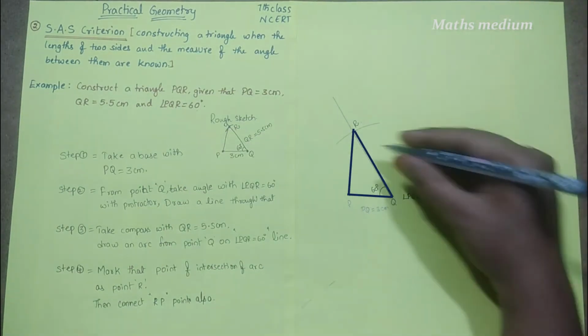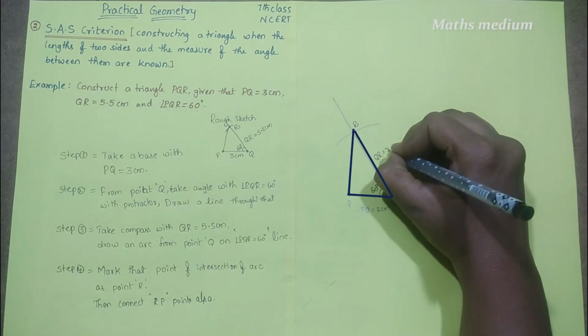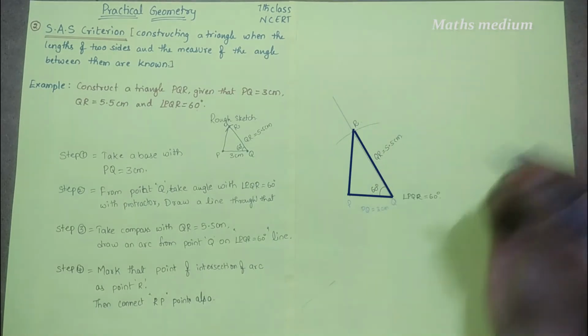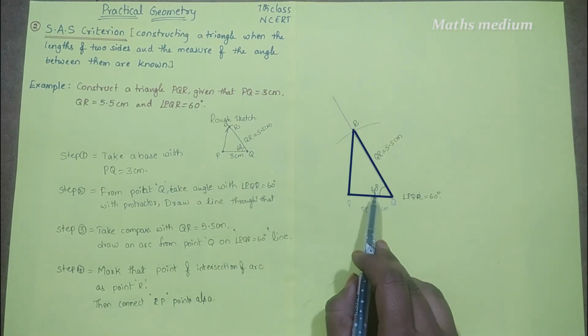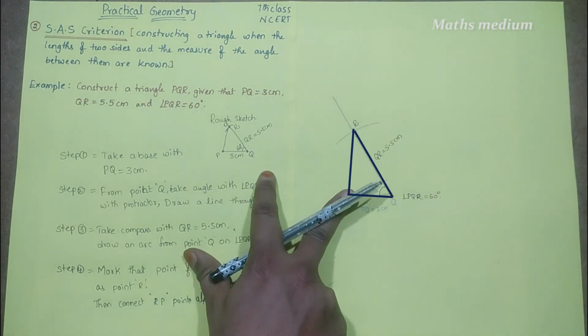So this is QR with 5.5 centimeters. This is PQ with 3 centimeters. See, this is the rough sketch and this is the original sketch, but these two are similar.